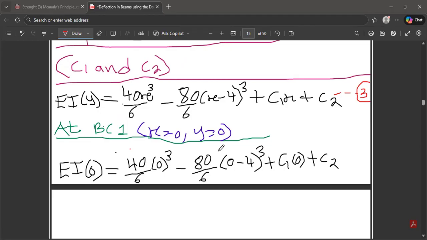That is one major rule of Macaulay. 0 minus 4 is going to give you a negative figure, negative 4, and due to that we don't like it, so I'm going to cancel it out.